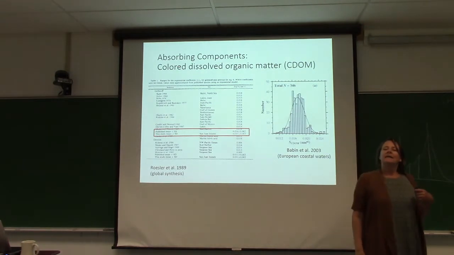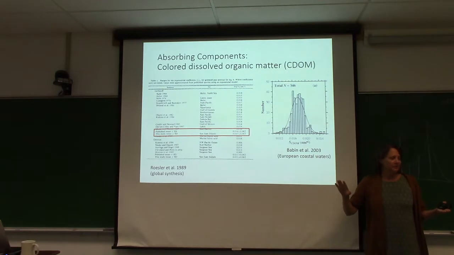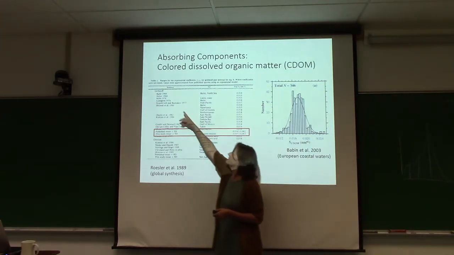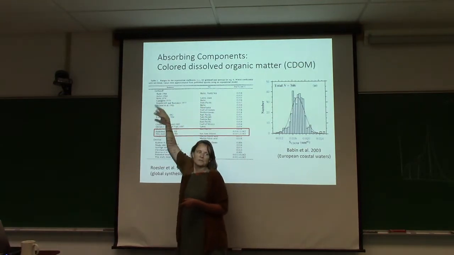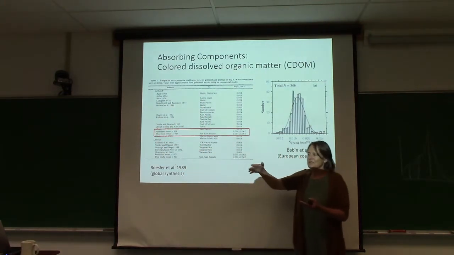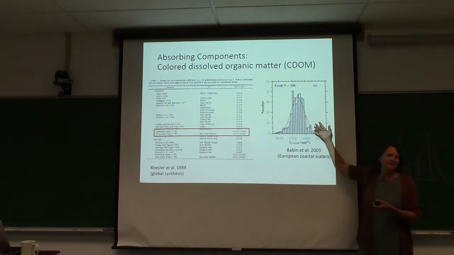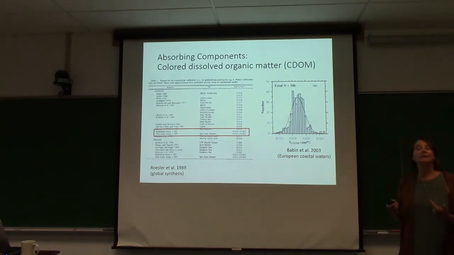So the robustness of the spectral slope is pretty strong, because this is digitized data from the, here's 1966, right? So even with the techniques that were being used in the 60s, you could derive a spectral slope compared to modern technology in different waters. And so the spectral slope is robust, but the variability within it is meaningful.